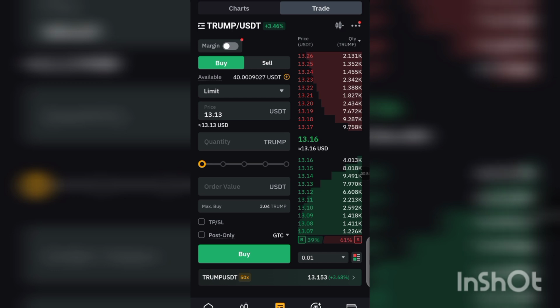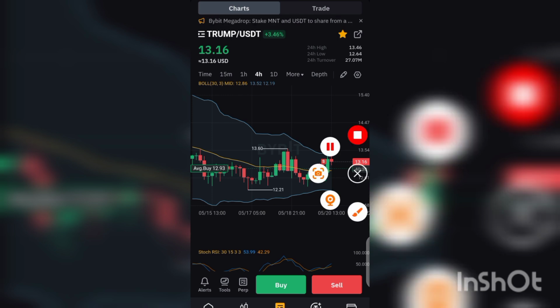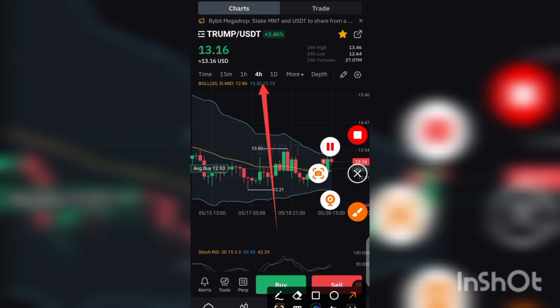Now if you take a look here, I'm at the 4-hour time frame. You can see that this is the 4-hour time frame. You need to first of all be in the 4-hour time frame before you can start this particular trade.